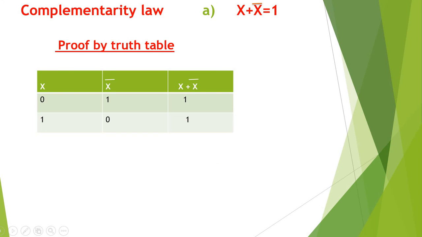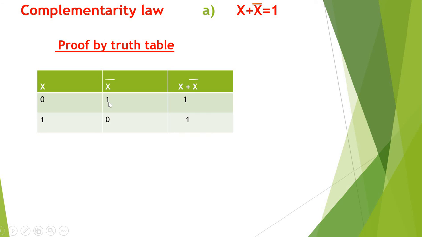Then we can prove the first theorem, complementarity law: x plus x bar is equal to 1. So the first column is x, next column x bar, third column is x plus x bar. See here, what are the possible values of x? 0, 1.